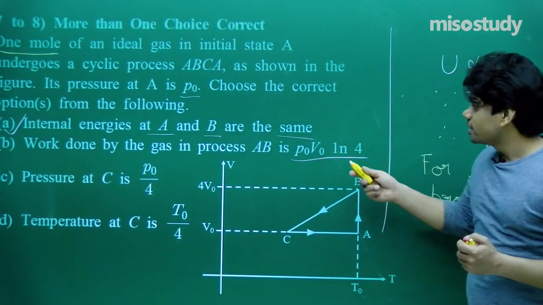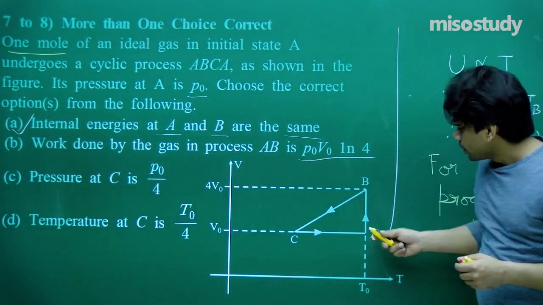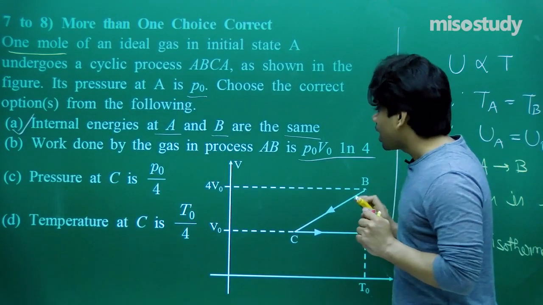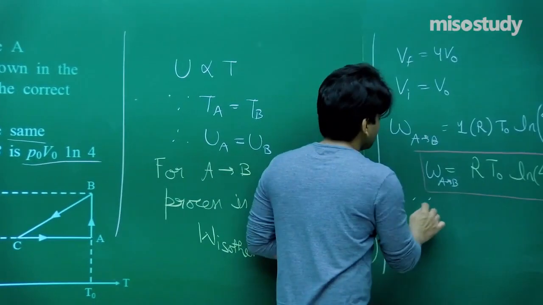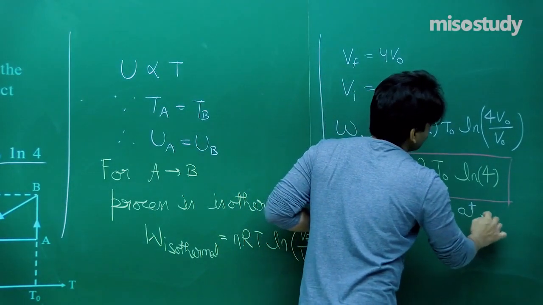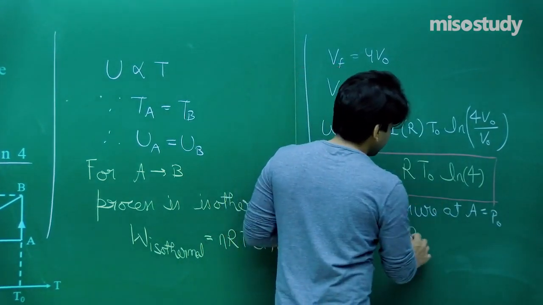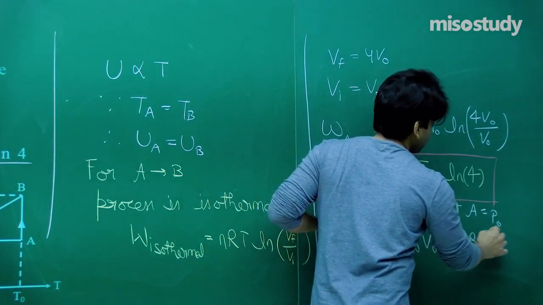Since the pressure at A is P0 and the volume is V0, we can write P0 V0 is equal to nRT, so 1 into R into T0.